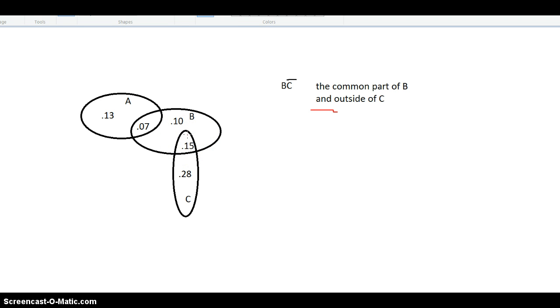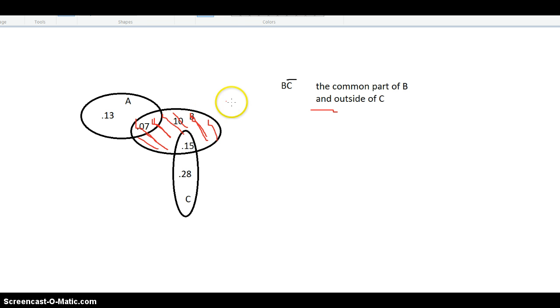So that's three little parts of B. And now we see which parts also fall outside of C. Apparently this little section right here is inside of C, so that's not outside of C. We want to find a part that falls outside of C. So these two little sections not only fall inside of B, but also outside of C.